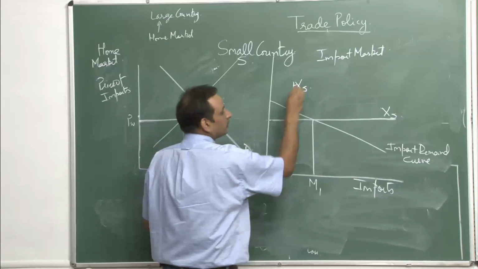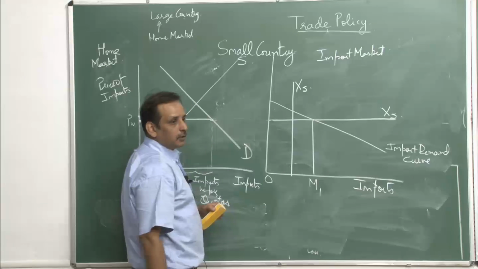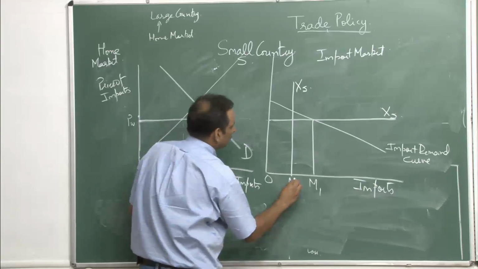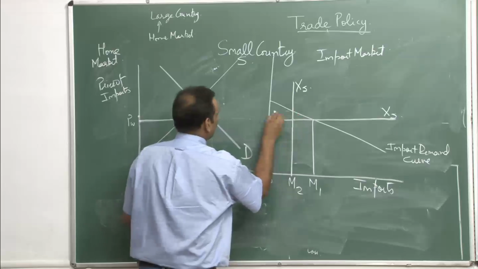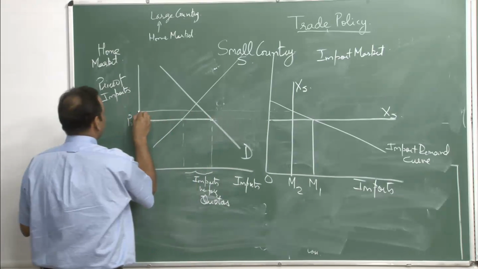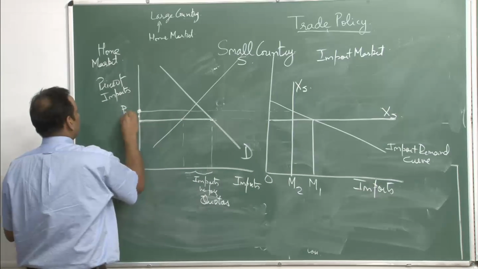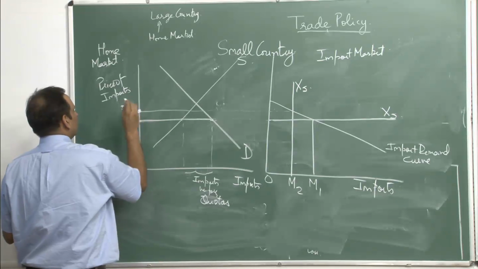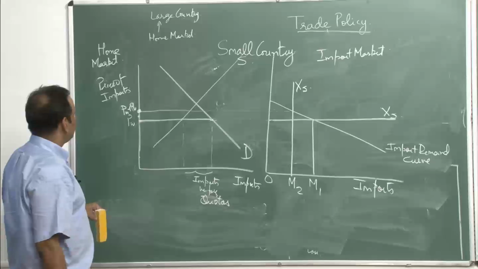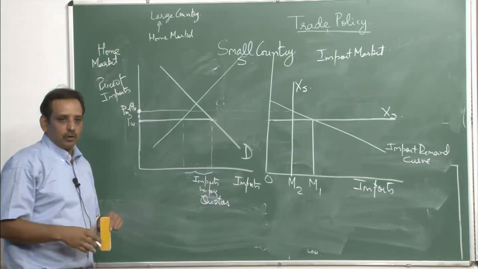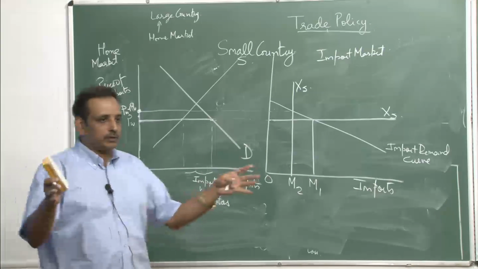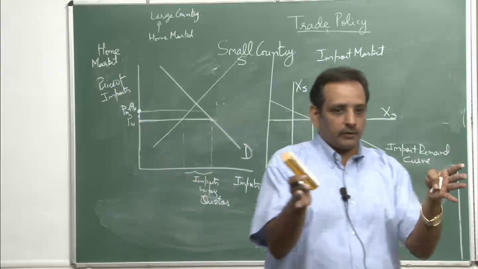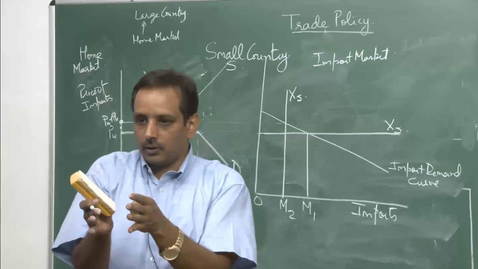This is the export supply curve that it will have once quotas are imposed. So, the price which will prevail is PW plus Q.